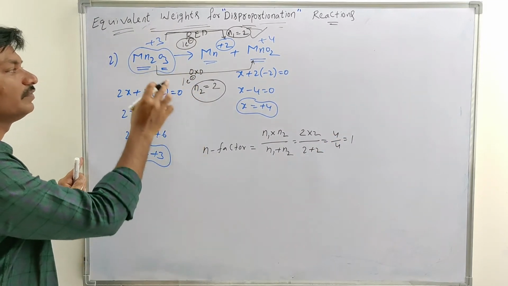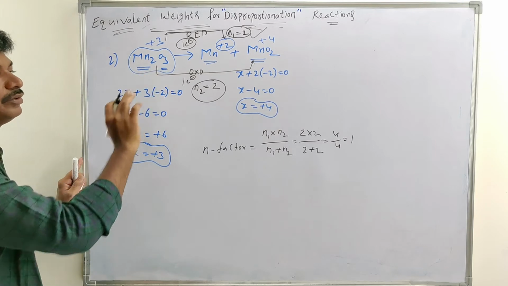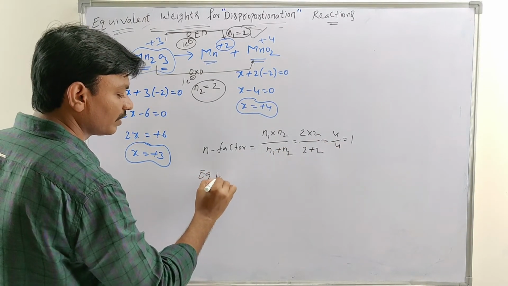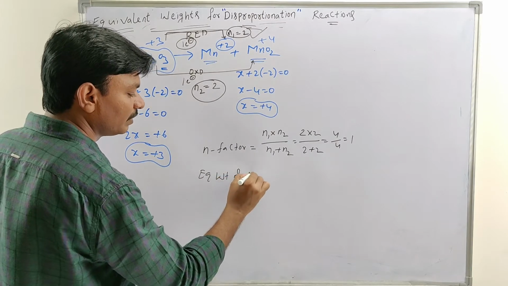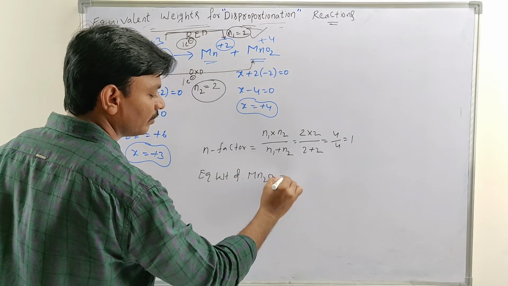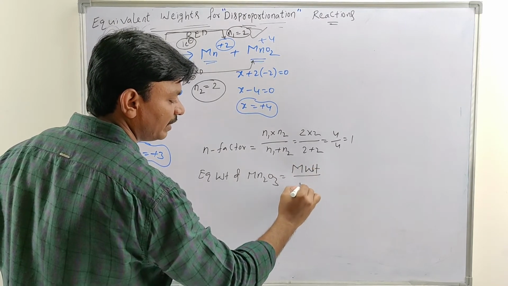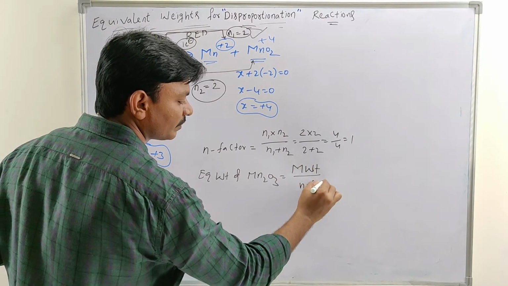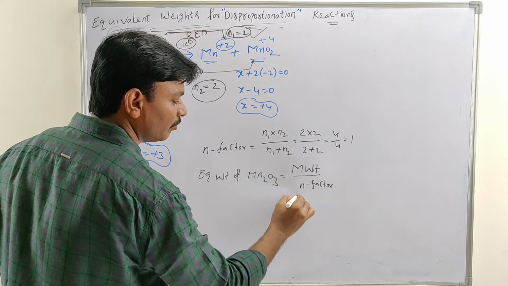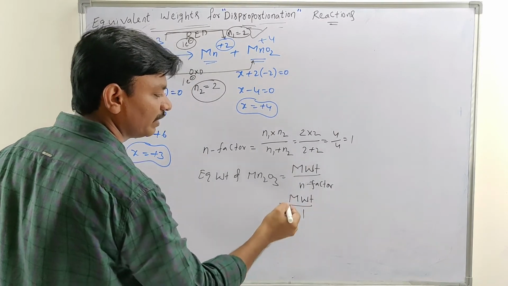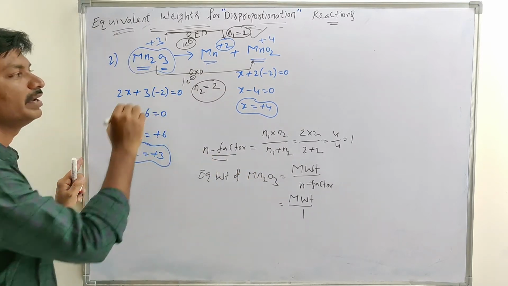The N factor value for Mn2O3 in the given reaction is only 1. And its equivalent weight: the equivalent weight of Mn2O3 equals the molecular weight of Mn2O3 divided by the N factor value, that is molecular weight of Mn2O3 divided by 1. 1 is the N factor value of Mn2O3.